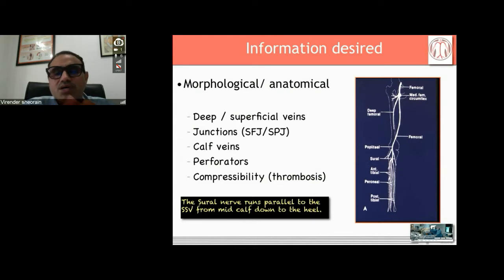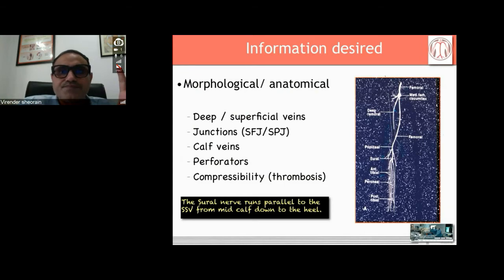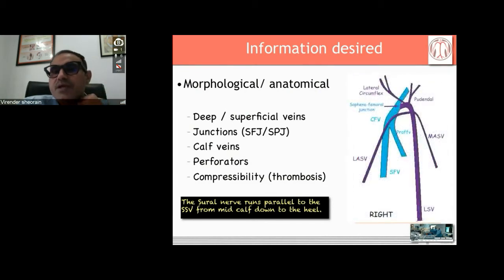The junctional status, basically how the valves are working, how is the saphenofemoral or saphenopopliteal junction, calf veins, perforators, compressibility, basically whether the veins are easily compressible or not, whether there is a thrombus within. This is very important.